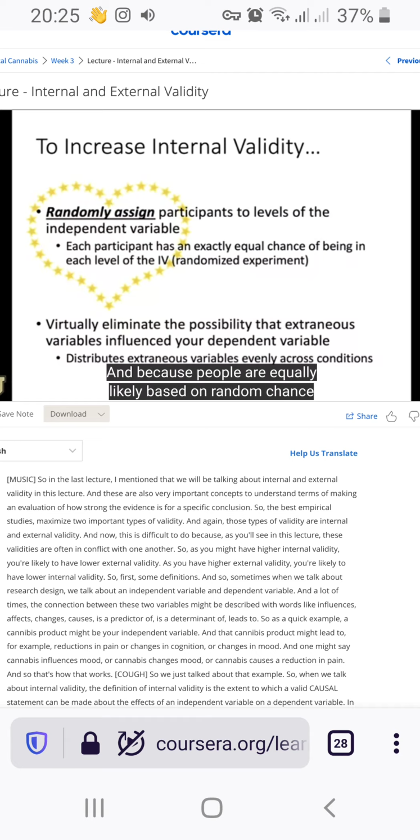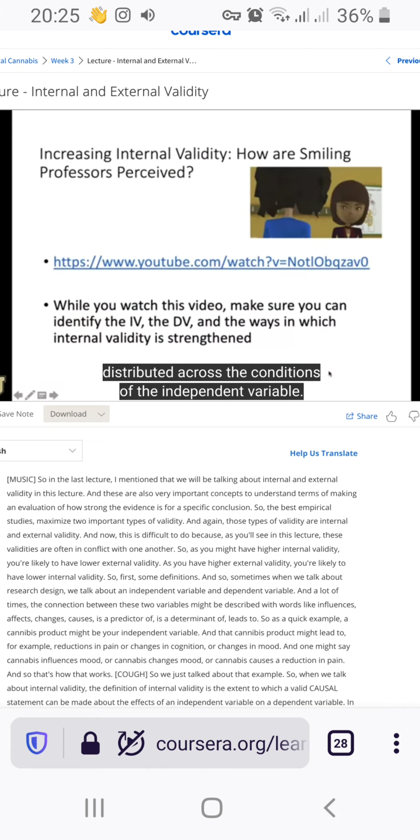And because people are equally likely, based on random chance, to be in any given condition, that virtually eliminates the possibility that extraneous variables can influence our results. And why does that work that way? Because any of these extraneous variables will be randomly distributed across the conditions of the independent variable.